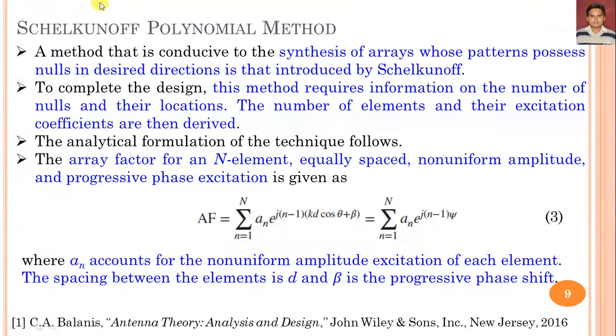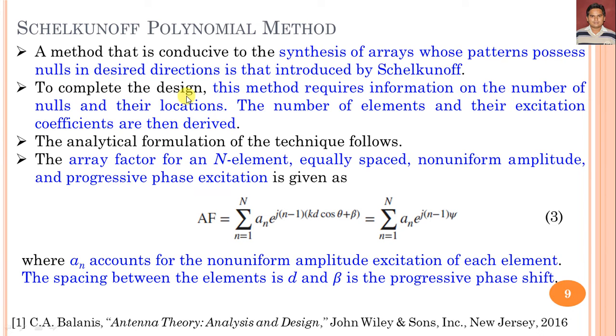Then further we have discussed the important array synthesis method known as the Schelkunoff polynomial, and we discussed in the previous slides the Schelkunoff polynomial where the nulls of the pattern are known. In that case, we can use the Schelkunoff polynomial method, which is the synthesis of an array whose pattern possesses nulls in the desired directions.